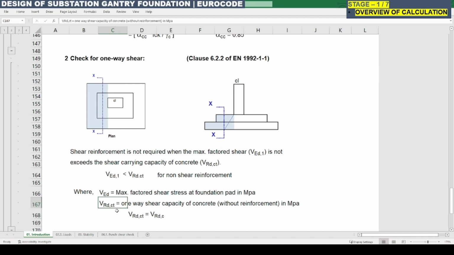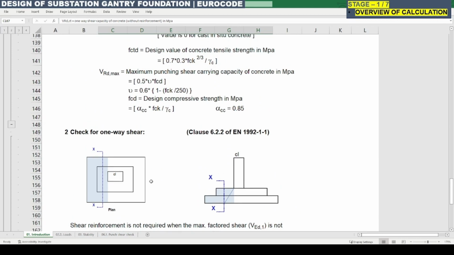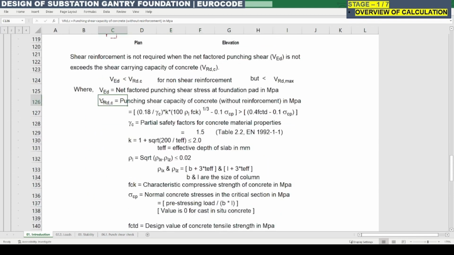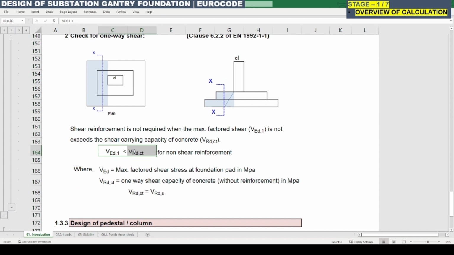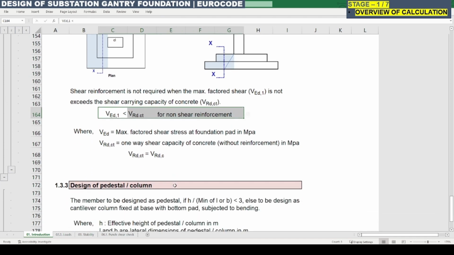Then VRD, that is the resistance to one-way shear, we need to calculate as per the above equation, VRDC. If this equation is satisfied, then no shear reinforcement is required.